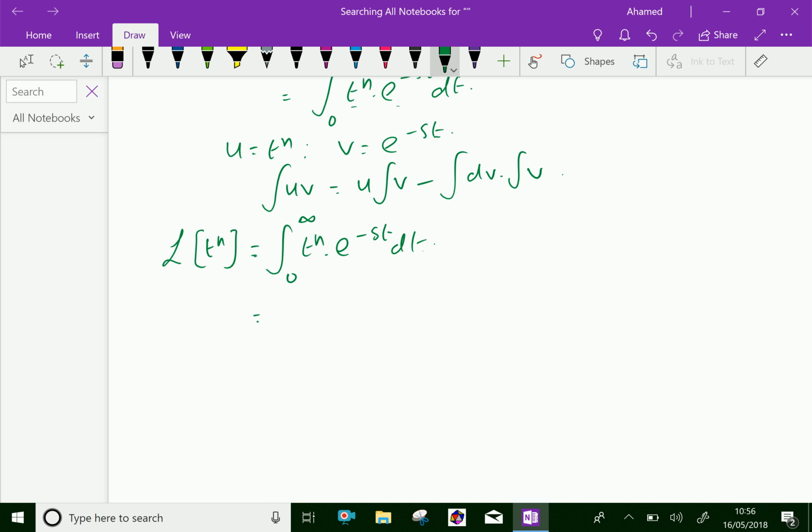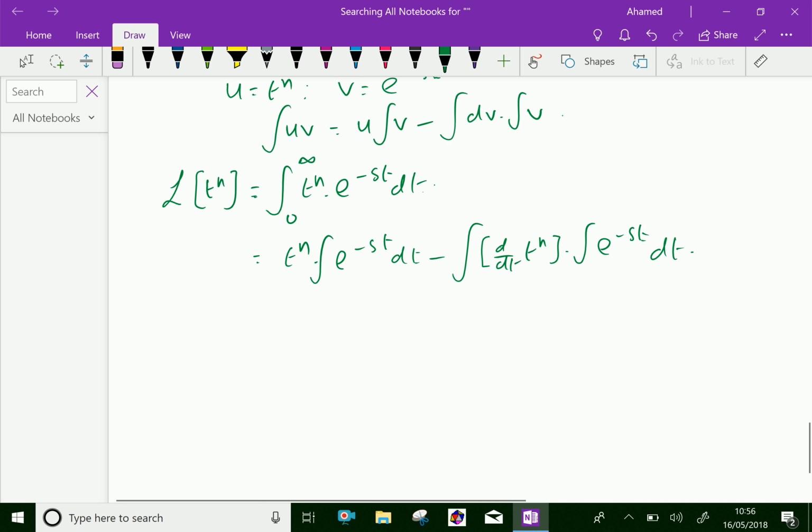We take the first function, that is t power n, into integral of second, e power minus st dt, minus integral of differential of first, d by dt of t power n, into integral of the second, e power minus st dt.